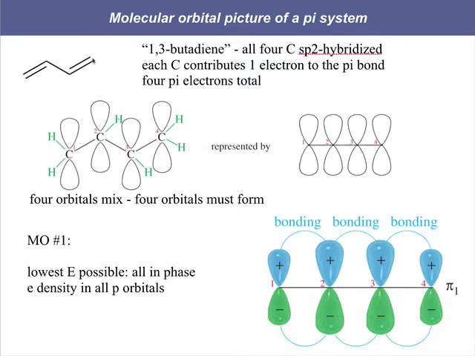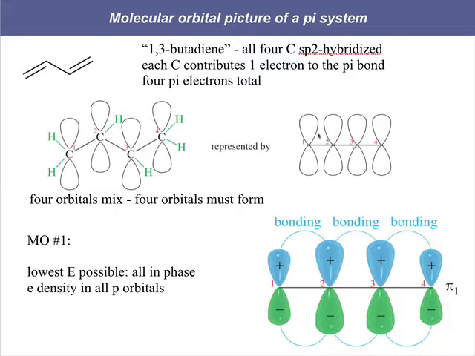We can also assume that the p orbitals are planar with each other. And again, they have to be planar to be making the pi bonds in the first place. So here we've got 4 carbons, each with its own p orbital, and they're all lined up next to each other. So if these are going to mix, we're going to be mixing 4 orbitals, and therefore we should be producing 4 new orbitals. Basically, there should be 4 ways in which these 4 orbitals can mix.